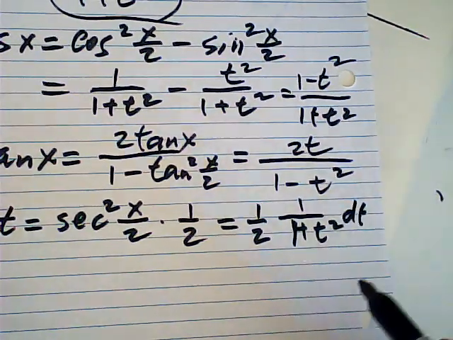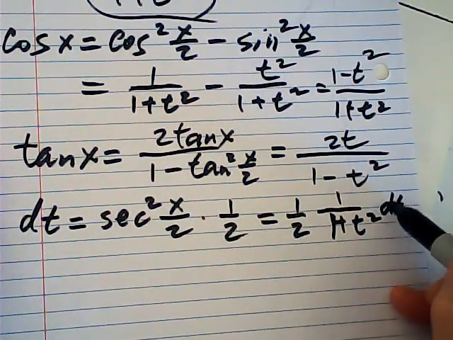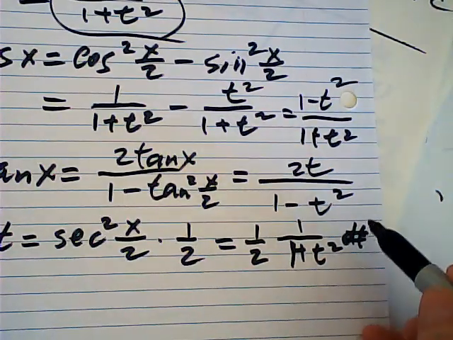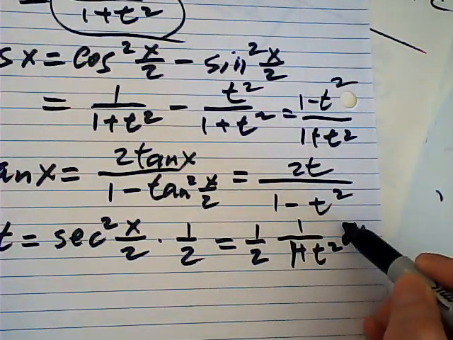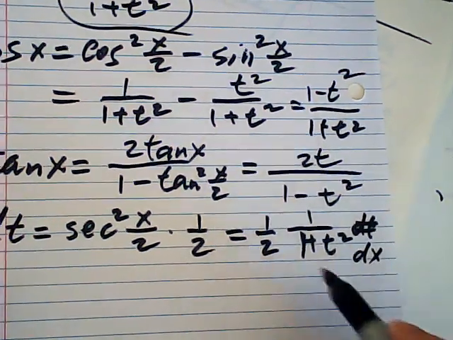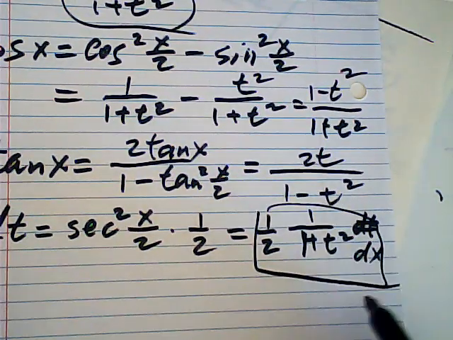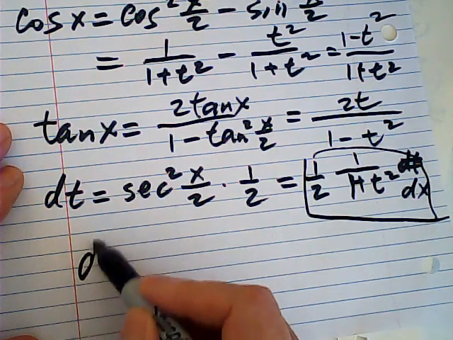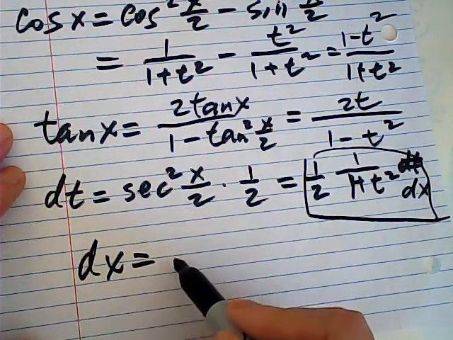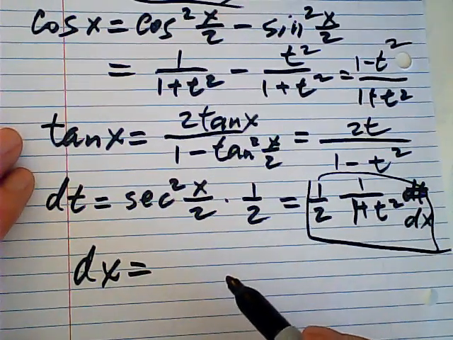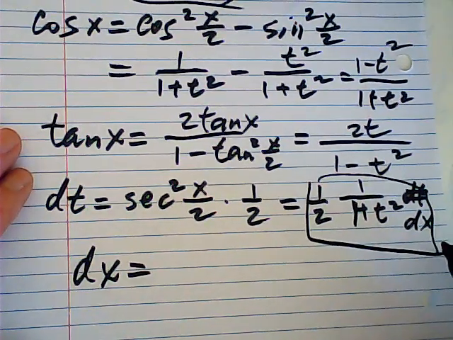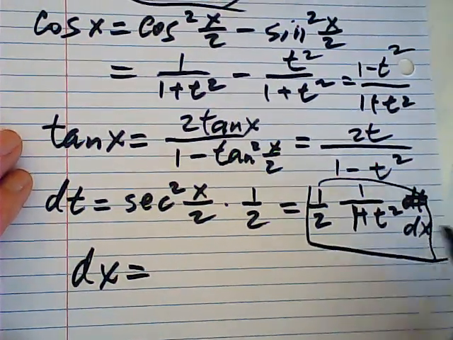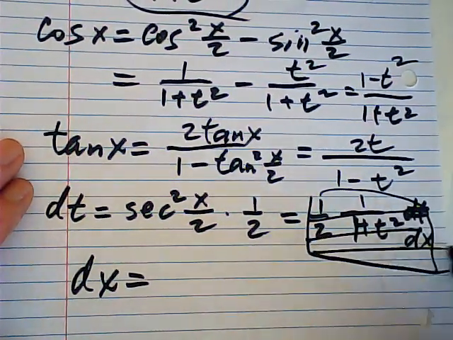dt, dx, I'm sorry. This side is dt, this side is x. So this is dx. And from which we can find dx. dx is equal to... no, this is wrong.